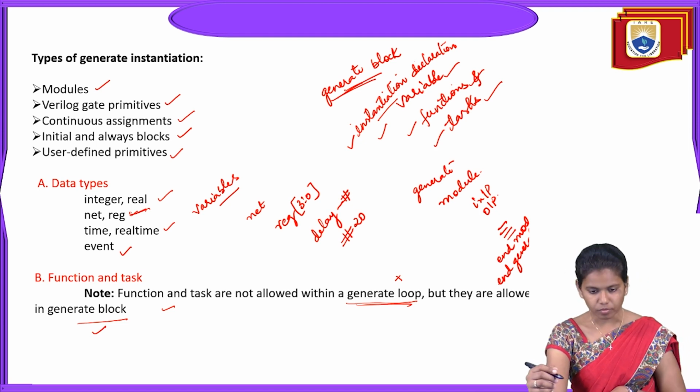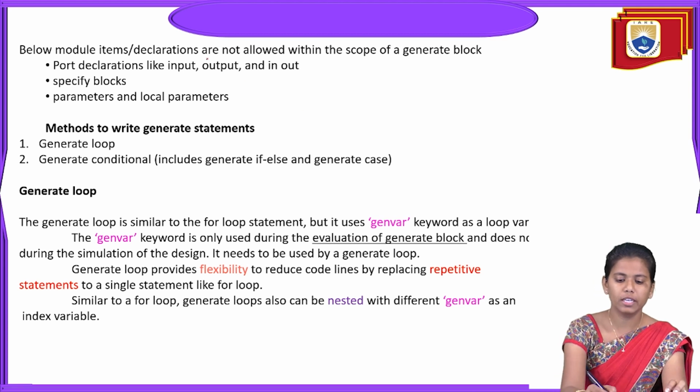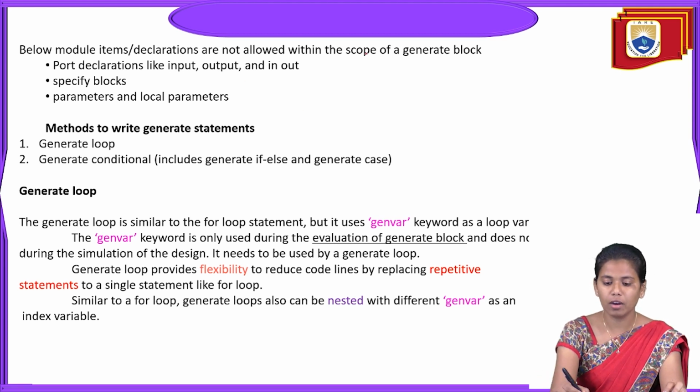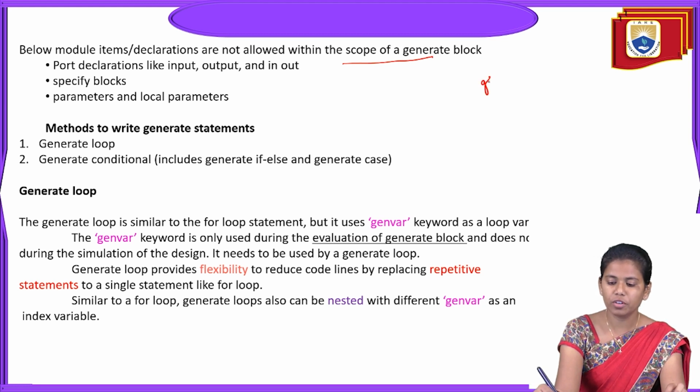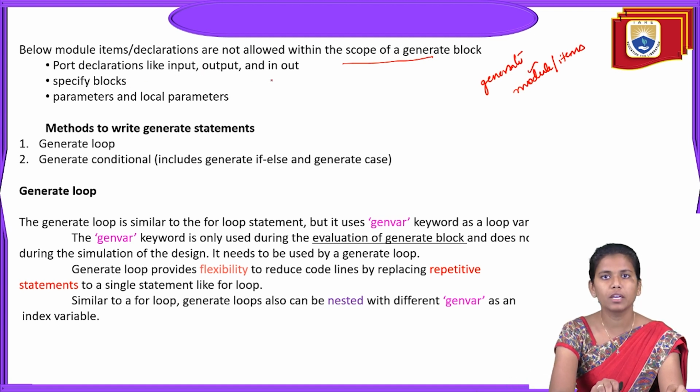Then, module items or declarations are not allowed within the scope of generate block. So in the generate block, you cannot declare module items. What are those items? Port declarations like input, output and inout.